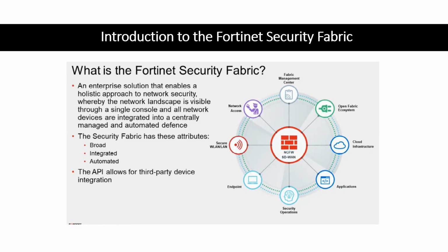You can get that API, connect to it, do some partner integration, and it'll communicate with the Fortinet FortiGate and all the Fortinet devices within the security fabric. So that is possible. It is not limited. That's one thing a lot of people love about Fortinet, because it's more open to work with third-party devices. Any questions?